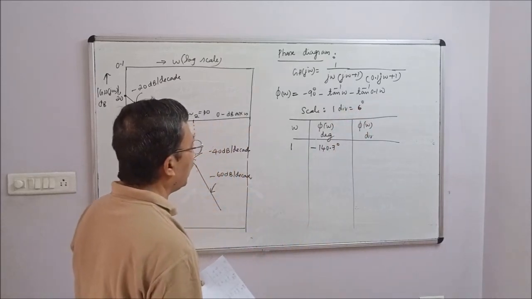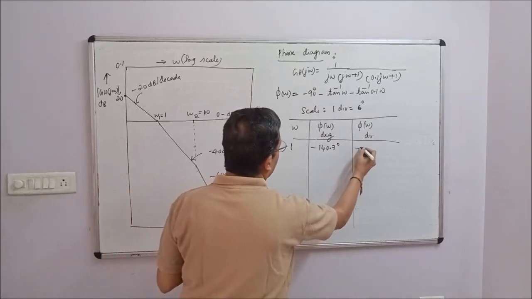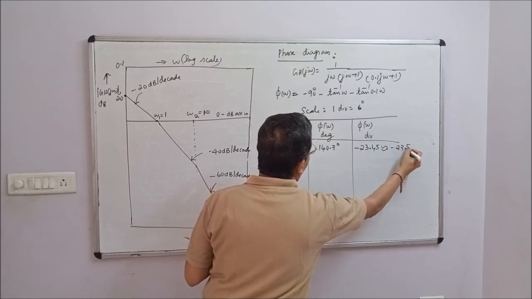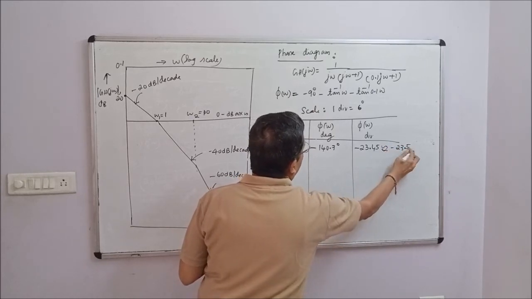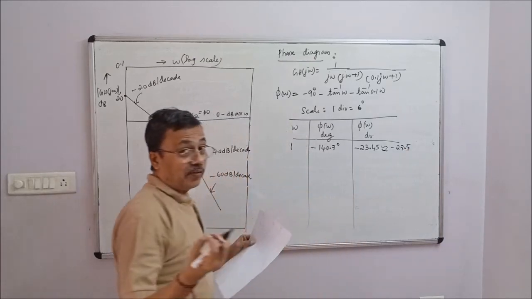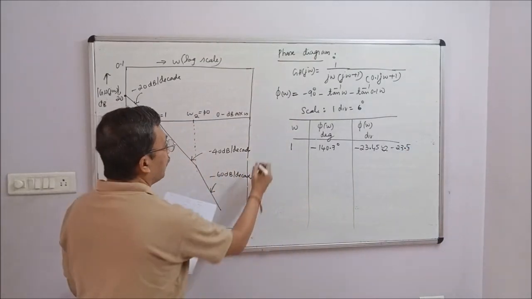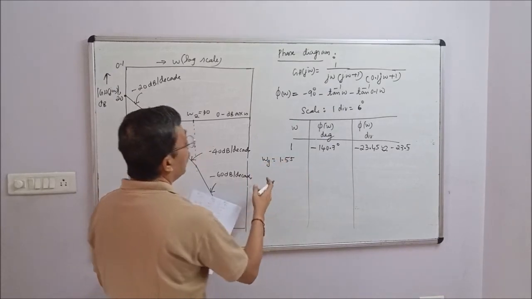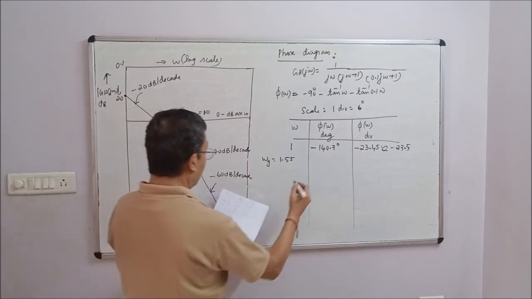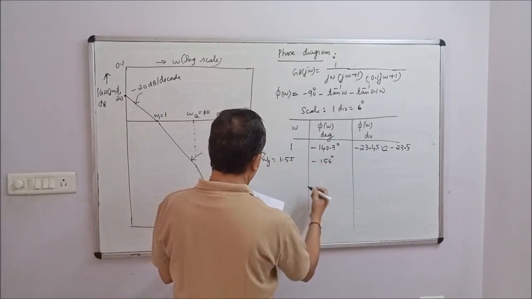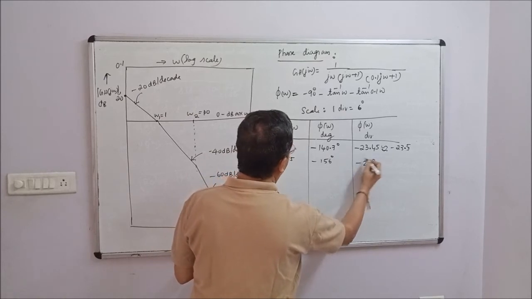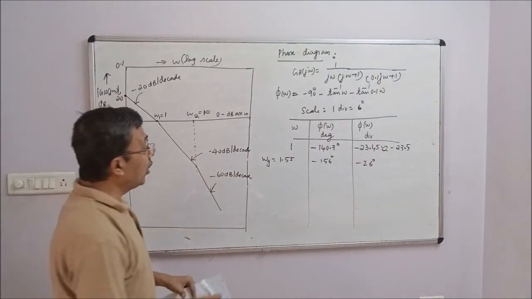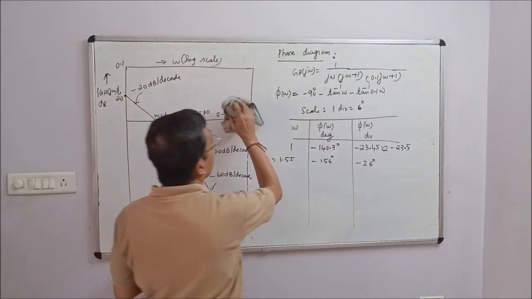So minus 140.7 divided by 6 degrees gives you minus 23.45 divisions, approximately minus 23.5 divisions. Pencil thickness itself will take 7 millimeters. Please understand this. When omega g is 1.55, why this 1.55 omega g is required, I will tell you. Minus 156 degrees gives you minus 26 divisions. Let me now explain to you why I have taken the value of omega g as 1.55. There is a reason for it.